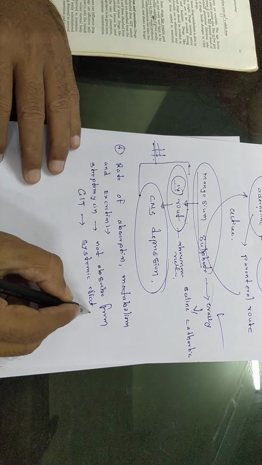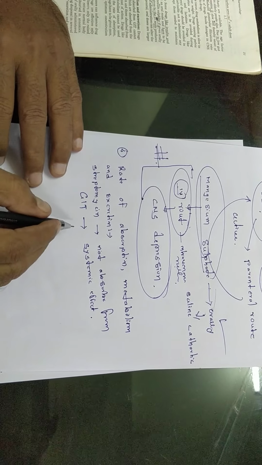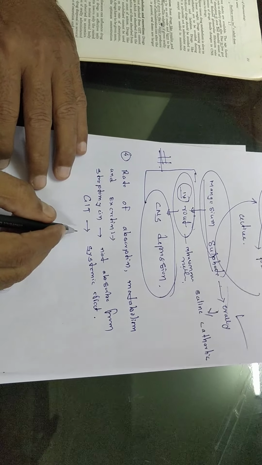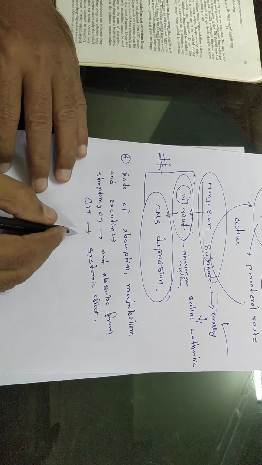Drugs which are absorbed from the stomach have a rapid action, and the absorption from the large intestine is slow.